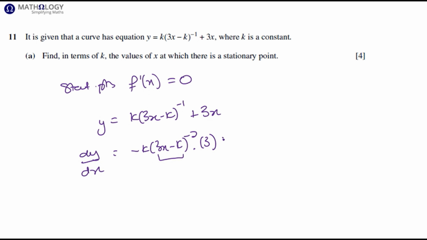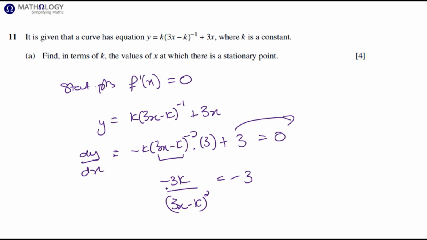So we're going to times by 3 plus the derivative of 3x, which is 3, and for stationary points dy dx equals 0. So that all equals 0. Just clean it up a bit. We have minus 3k divided by (3x minus k) squared equals minus 3, just taking that across there.